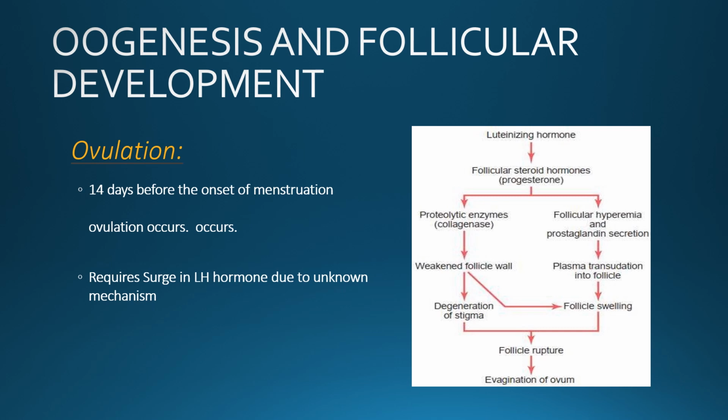The collagenase, or proteolytic enzyme, weakens the follicle wall and causes degeneration of the stigma, and the follicle starts swelling, also because of plasma transudation into the follicle. All this will cause follicular rupture. The stigma is the projection on the ovary. This follicular rupture causes evagination of the ovum. So when the LH surge occurs, only under the effect of progesterone will all these things happen.